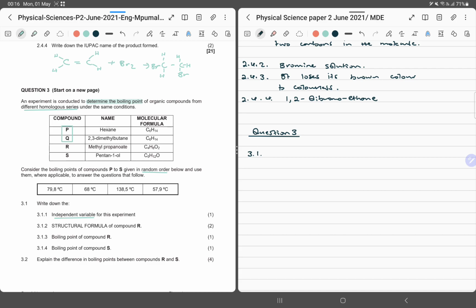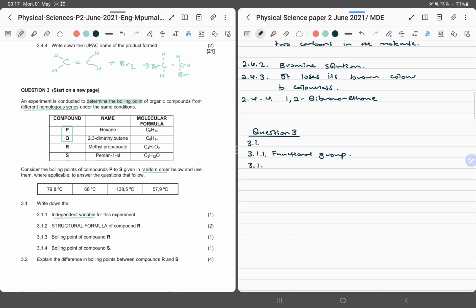As we change the functional group, we expect to see a change in the boiling point. Because the physical properties are actually imparted by the functional group, the independent variable is the functional group, or you can say homologous series.